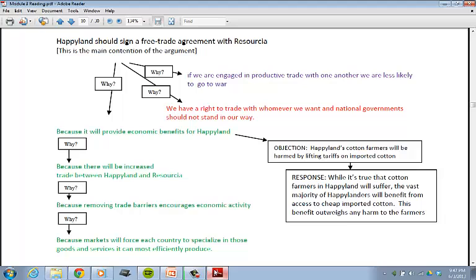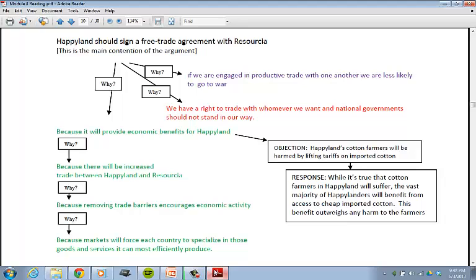Okay, so the most developed argument in favor of the free trade agreement is the green argument given here. What are we saying? We're saying that there will be enormous economic benefits for Happyland if we undertake this agreement. And there is one objection to that argument, sub-argument given. So remember, the purple, the red, and the green are sort of like sub-arguments.